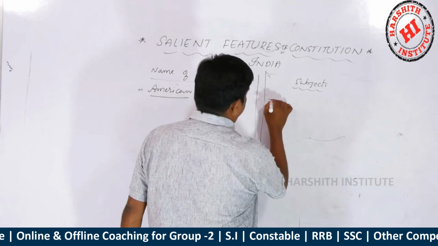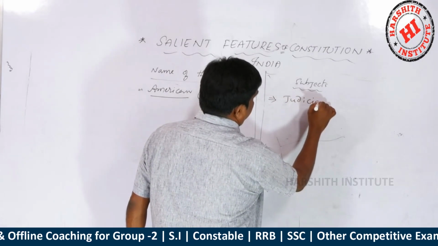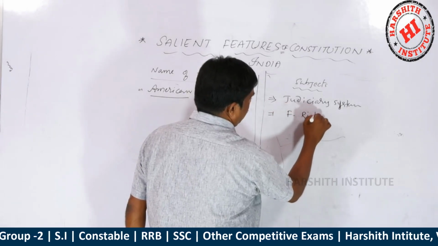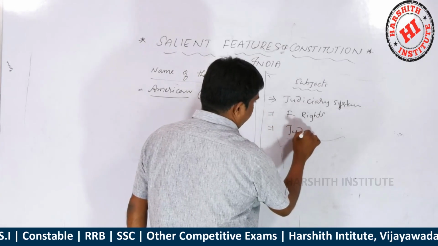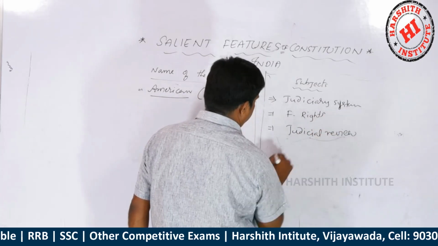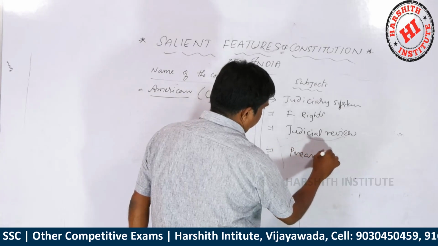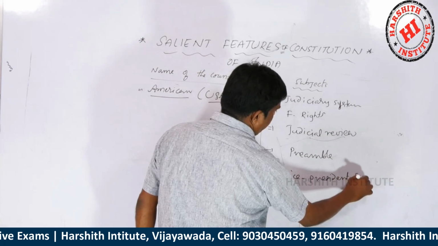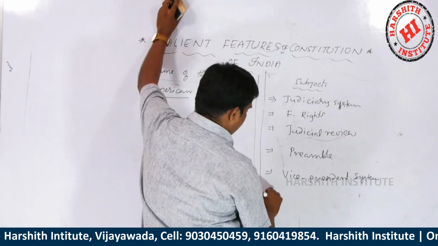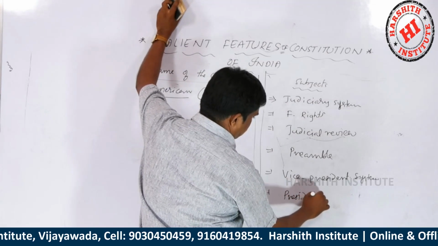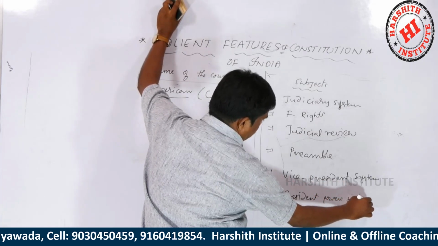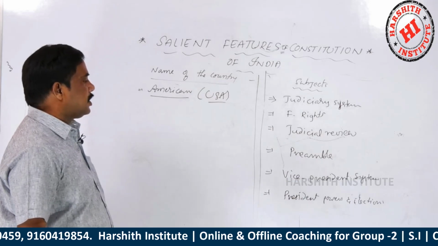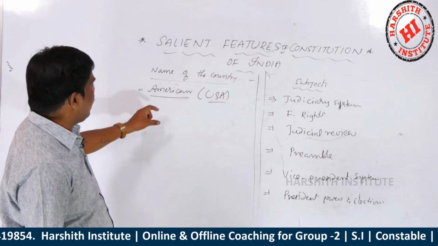From the USA Constitution we have taken the judiciary system, fundamental rights, judicial review, preamble, vice president system, and president powers and election system, etc. These are taken from the American Constitution.